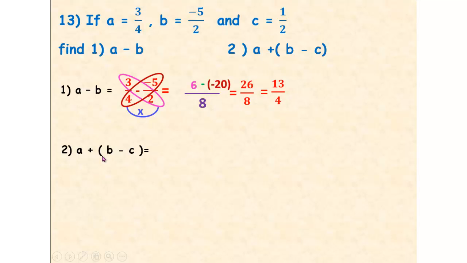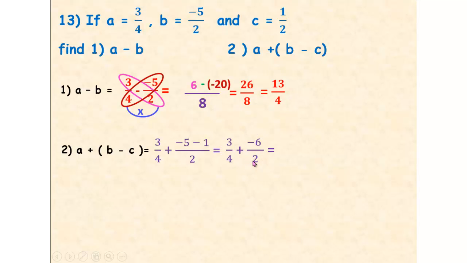If I found in mathematics any bracket, I must first find the answer of the bracket and then add it to A. So this is 3 over 4, which is A, plus, I know that both the denominators for B and C is 2. So my denominator is 2. And negative 5 minus 1. So I have here 3 over 4, which is A, plus negative 6 over 2.